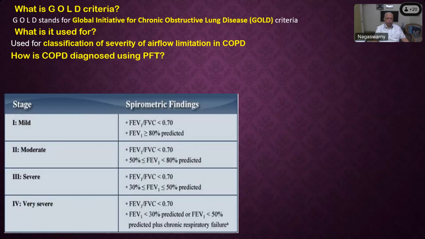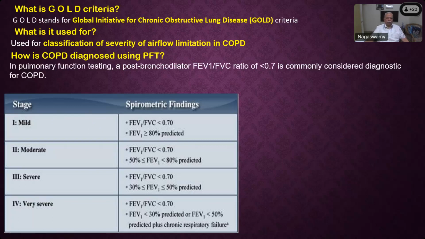How is COPD diagnosed using pulmonary function tests? When you want to diagnose COPD, which pulmonary function test will you use? The FEV1 to FVC ratio. A ratio of less than 0.7 is commonly considered diagnostic. So that is how this staging is done. All these patients have an FEV1/FVC ratio of less than 0.70.